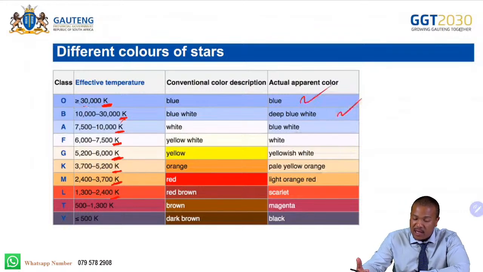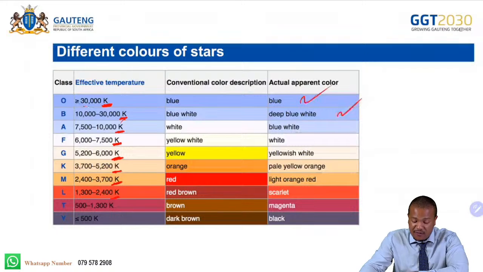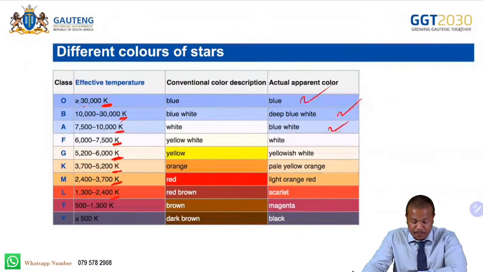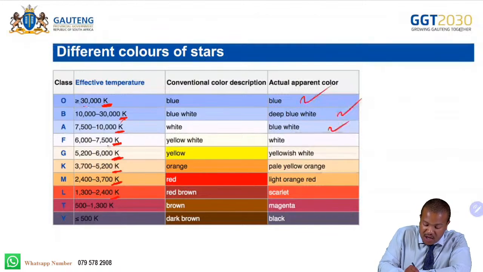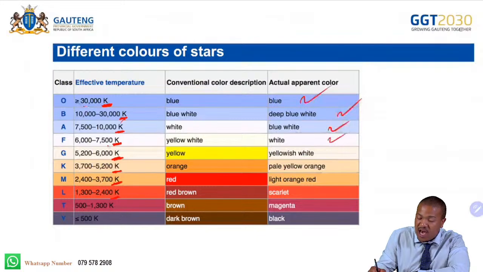Now, as we move on with our table, we can start to see that the temperatures of the stars are decreasing. From 7,500 to 10,000 Kelvin, we find stars that appear blue-white in color. From 6,000 to 7,500 Kelvin, we find stars that appear white in color.